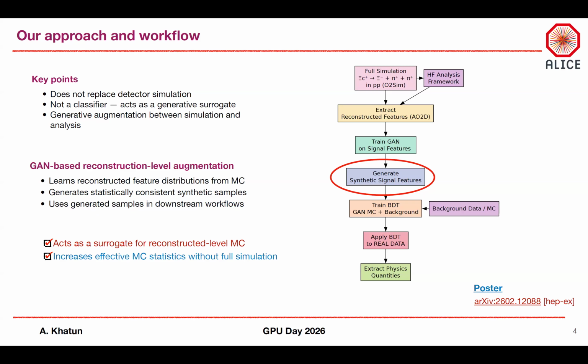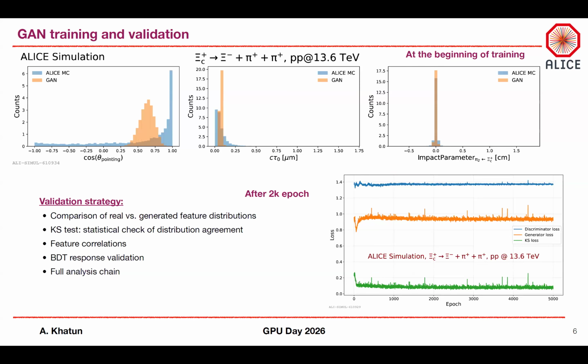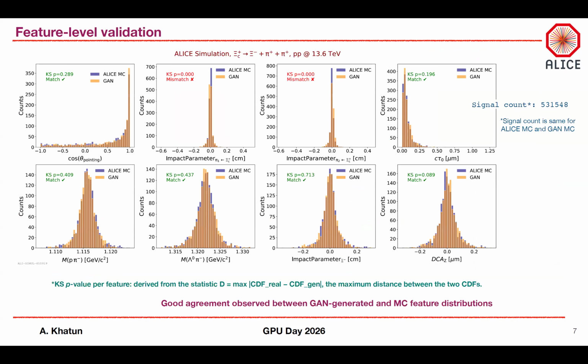So we already know the distributions and how they look. For example, this is the crossing point angle. The generator takes pure noise, and the discriminator uses the input shape to try to fool the network, and in the end we get similar features.